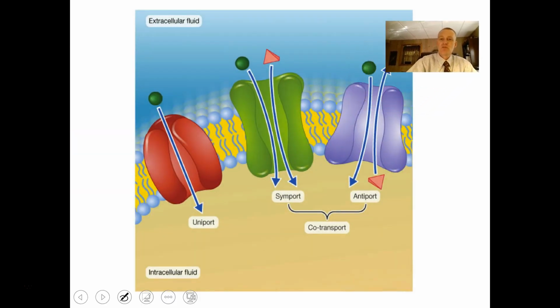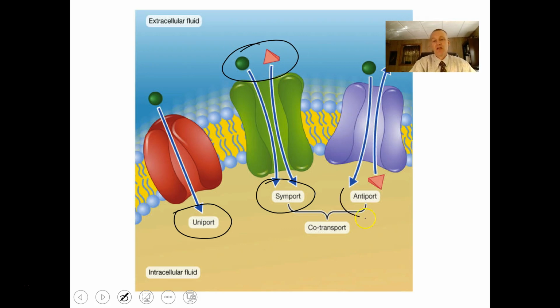Some of these proteins can be uniports, where they only work in one direction. Some of them are symports, where they can carry two things at one time in one direction. And sometimes there are proteins that serve as antiports, where you can get substances moving in opposite directions.